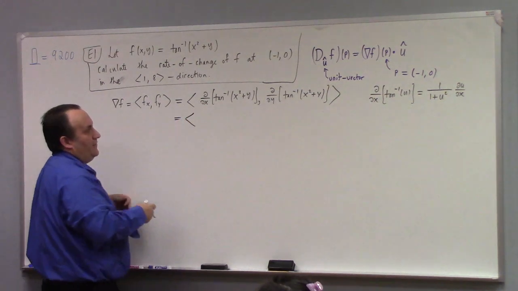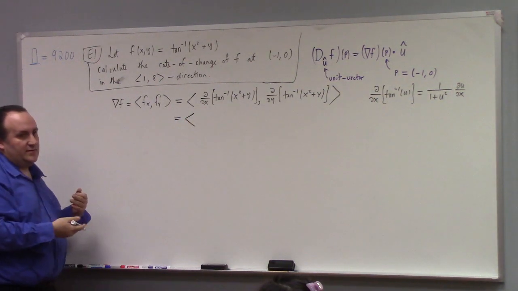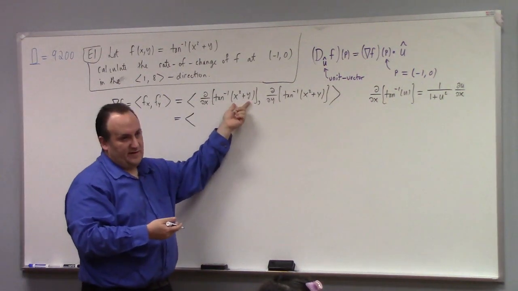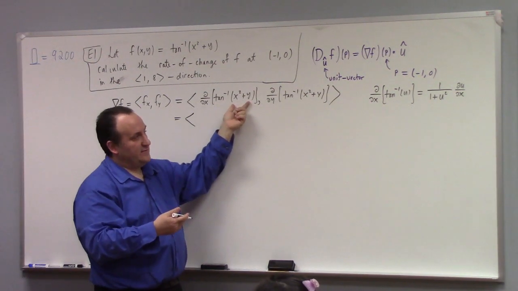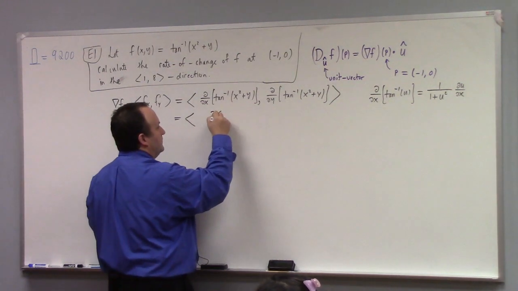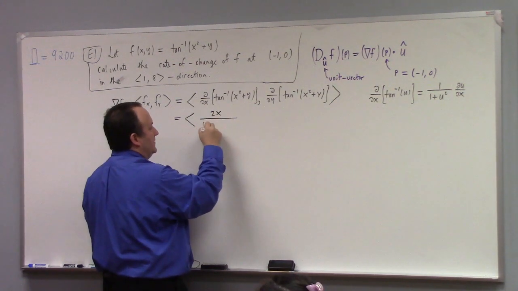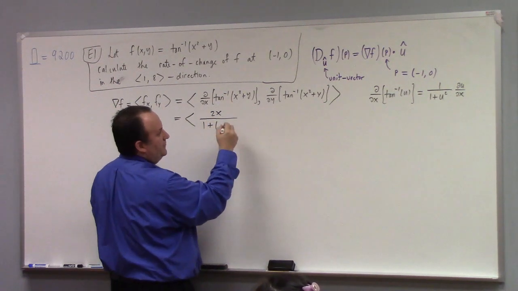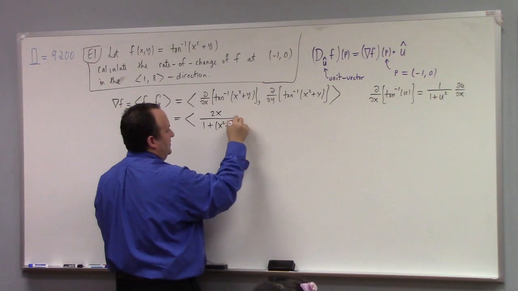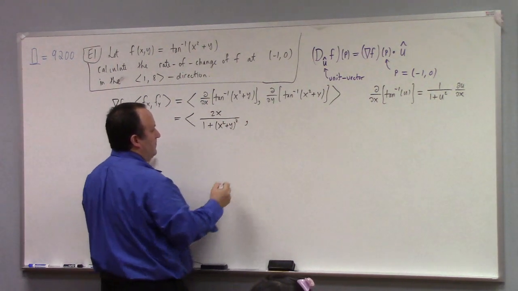Okay, so the chain rule for the x component pulls out a what? My u, quote unquote u, is the input for the inverse tangent, which in this case is x squared plus y. So when I differentiate with respect to x, I get 2x. And downstairs, I get 1 plus parentheses, x squared plus y, squared. Now you could FOIL that out, but there's really no point.